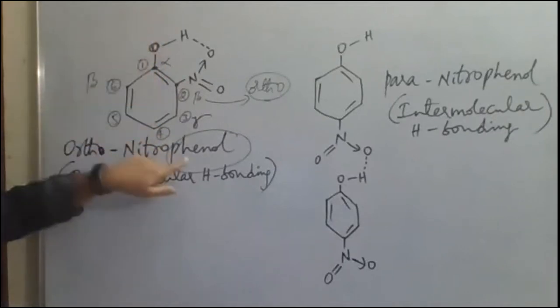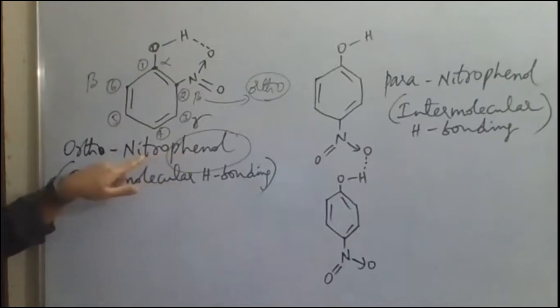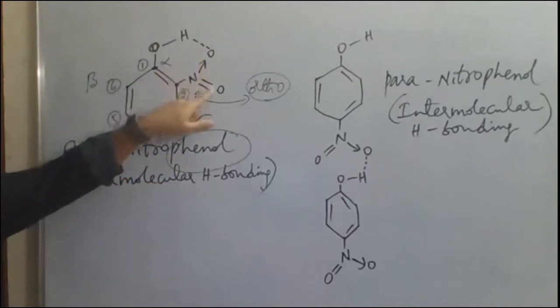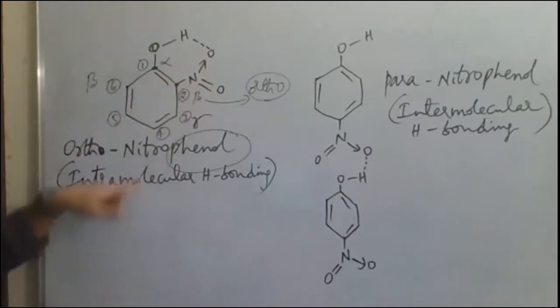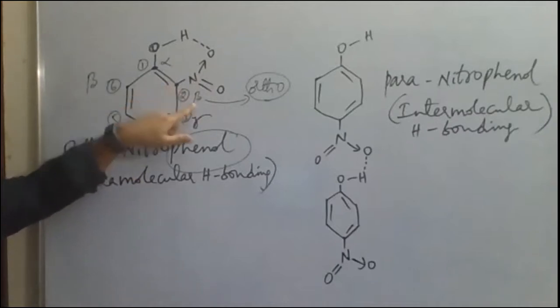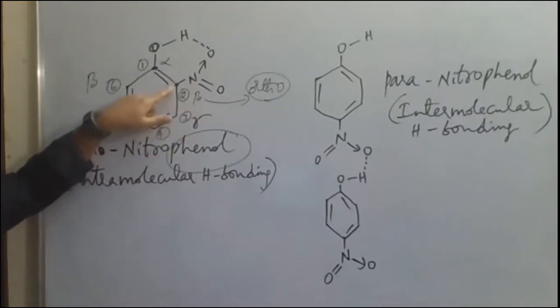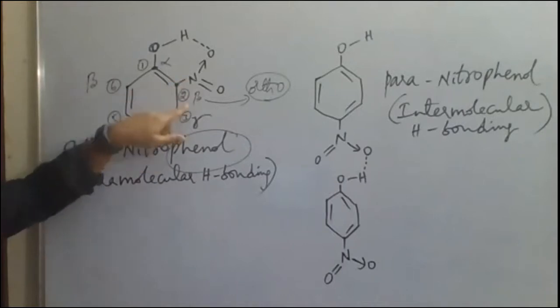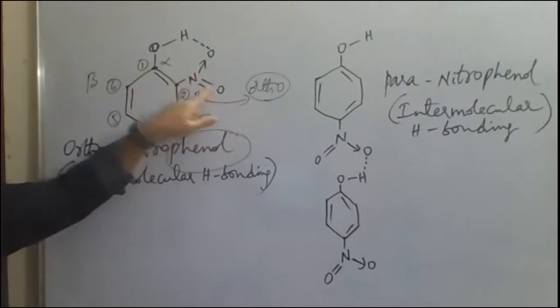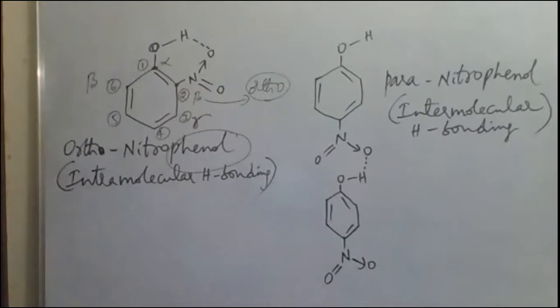Benzene with an OH group is phenol. In this phenol molecule, the nitro group, that is the NO2 group, is present at the ortho position, the beta position, the second carbon position. So it is 2-nitro, beta nitro, otherwise ortho nitrophenol.